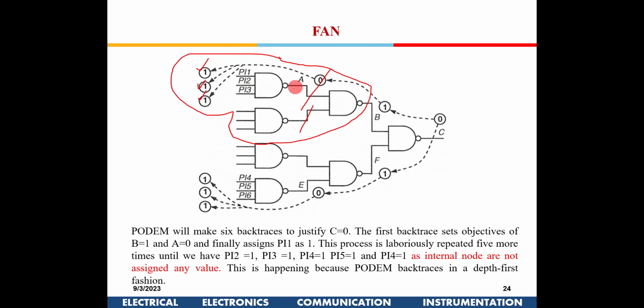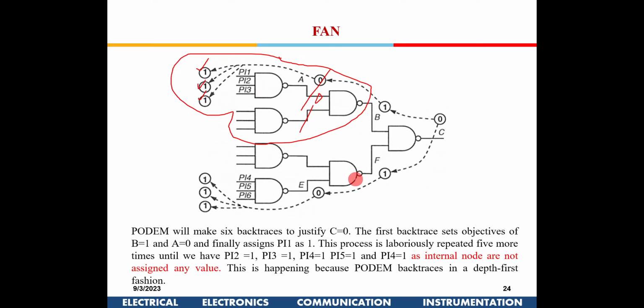What FAN does is, for a particular headline, if I want a 0 at this headline, it will pre-compute and keep which input combination gives a 0 here, because there are no branchings involved here. If there are branchings, I cannot do that, because that branch may affect the other part of the circuit.